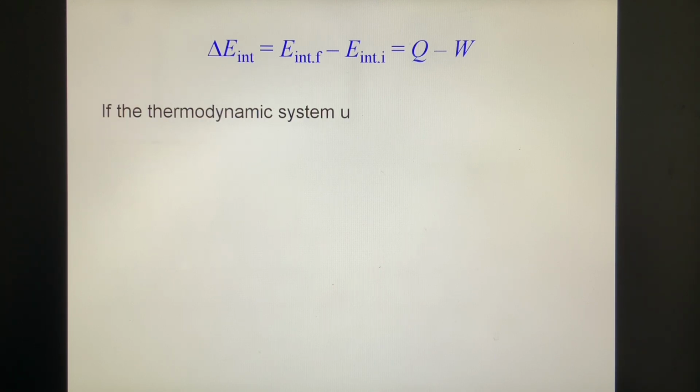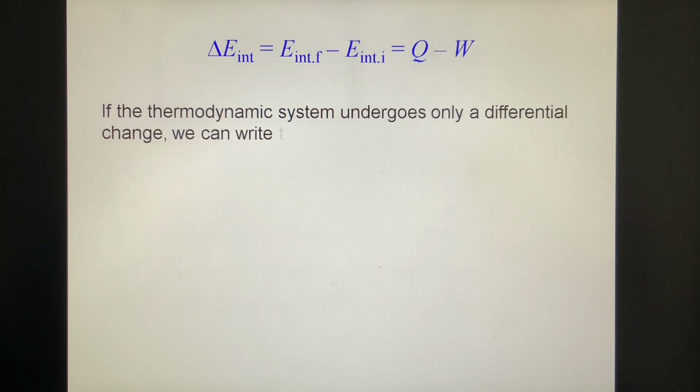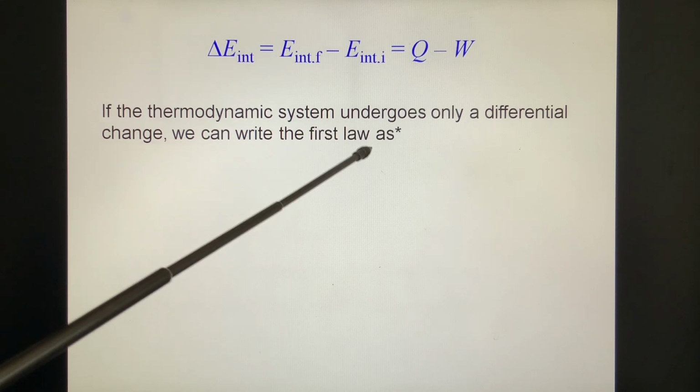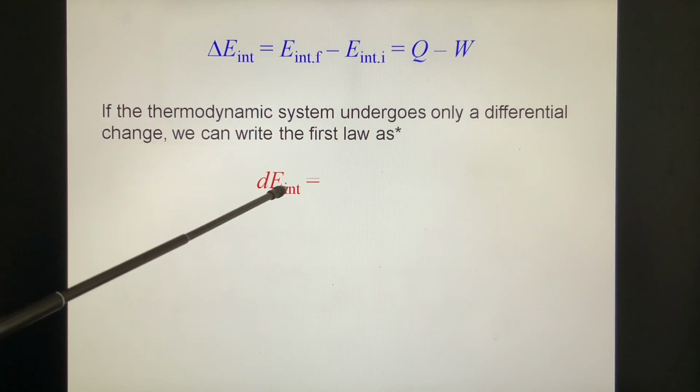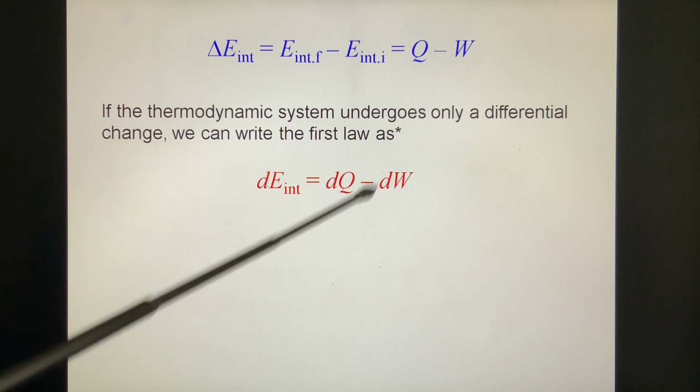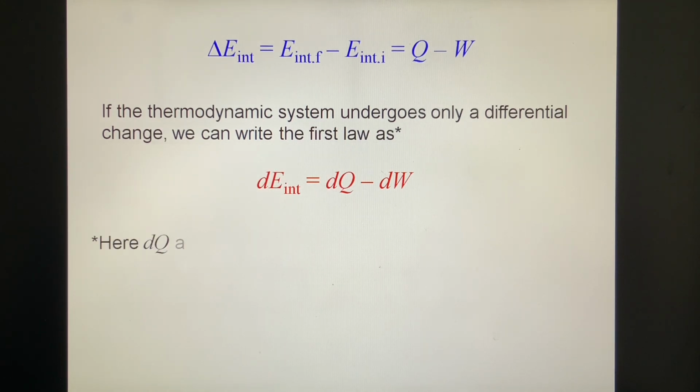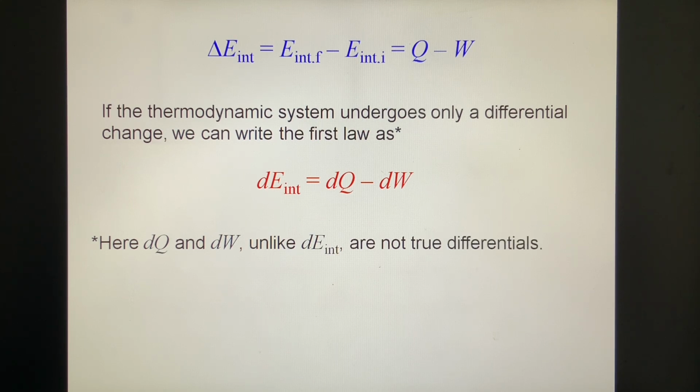If the thermodynamic system undergoes only a differential change, we can write the first law as dE internal equals dQ minus dW. Here, dQ and dW, unlike dE internal, are not true differentials.